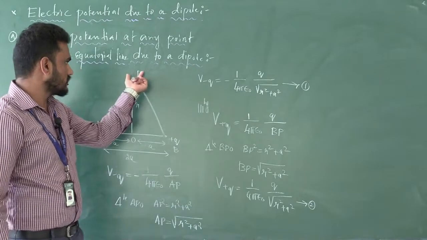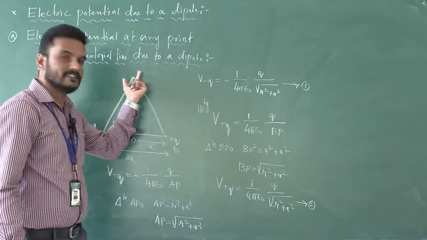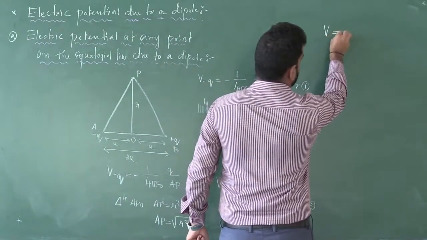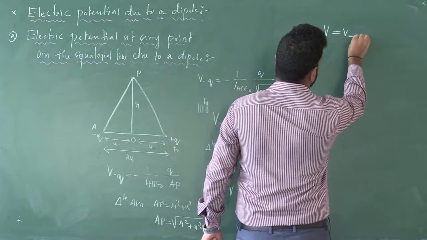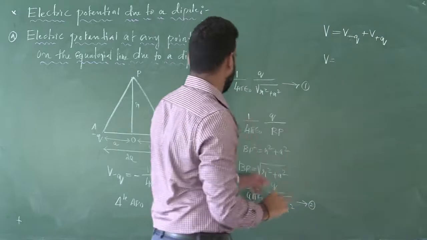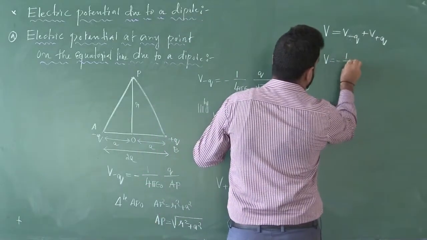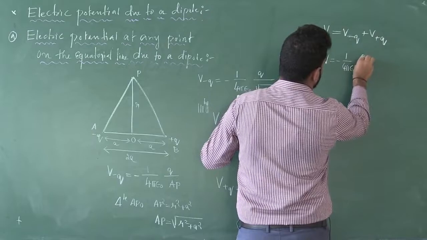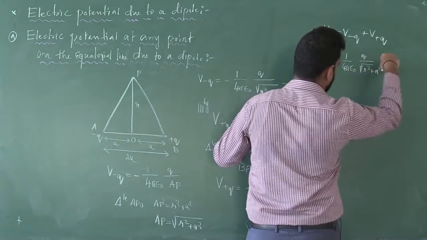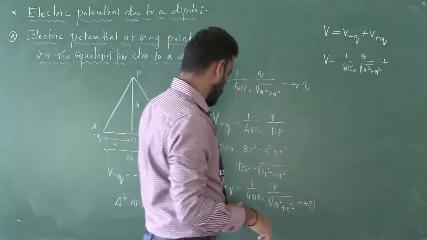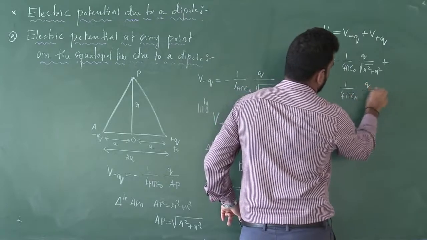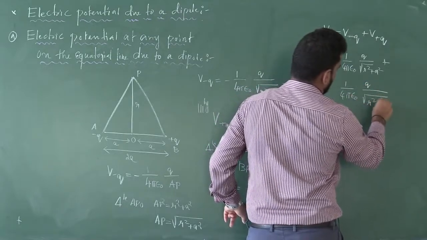Again we need to calculate the resultant potential at this point due to the dipole. So V is equal to V minus Q plus V plus Q. Then V is equal to minus 1 over 4 pi epsilon naught Q divided by root of r square plus a square, plus 1 over 4 pi epsilon naught Q divided by root of r square plus a square.